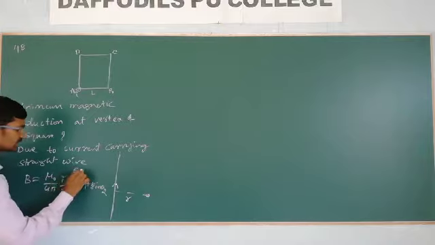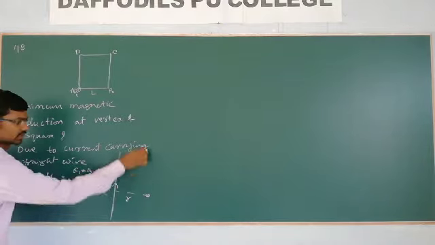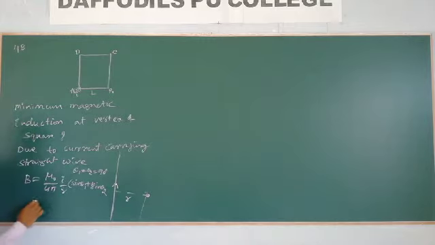But theta 1 and theta 2 are both 90 degrees here. So B is equal to mu naught by 4 pi I by r into 2. We know this expression.